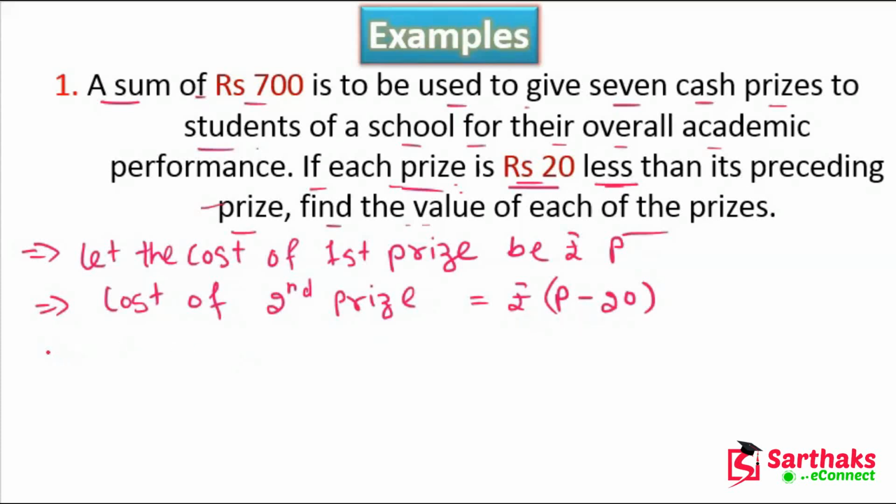Now the cost of the third prize is equal to p minus 20 minus 20, which gives rupees p minus 40. So we have the cost of the first prize, second prize and third prize, and we can see that these costs are in the form of an AP, with common difference minus 20 and first term p.